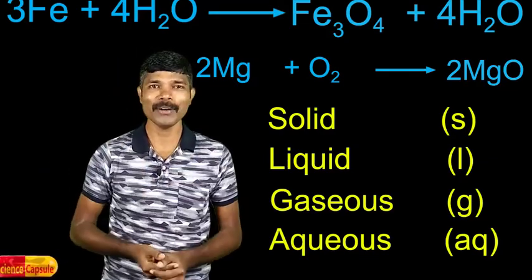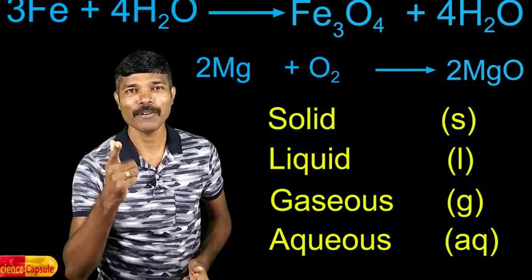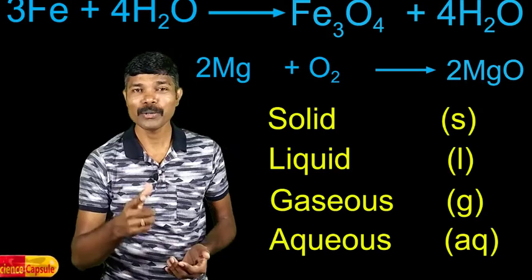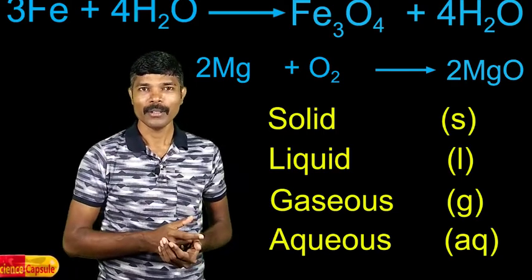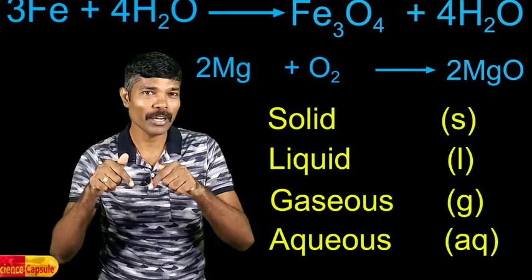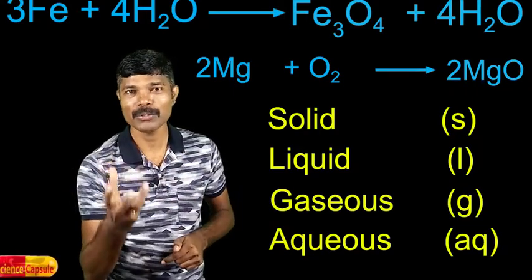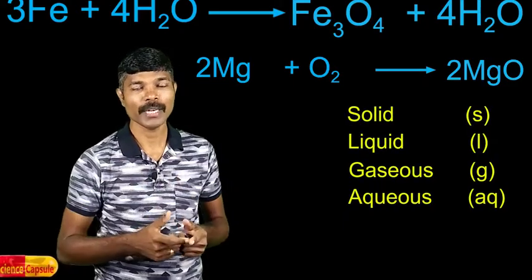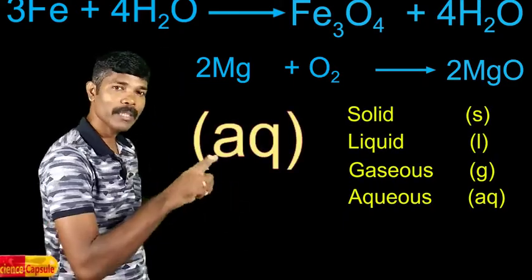The solution is called aqueous solution of salt. If we add sugar in water, then we call it aqueous solution of sugar. So anything which is dissolved in water, we call the solution an aqueous solution. The state symbol for aqueous solution is AQ within parentheses.